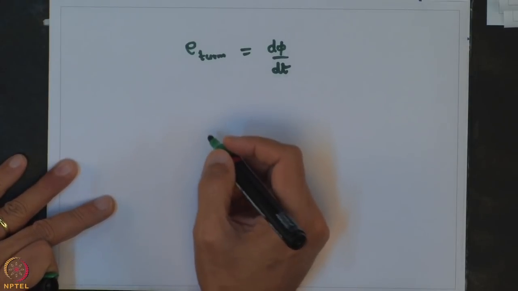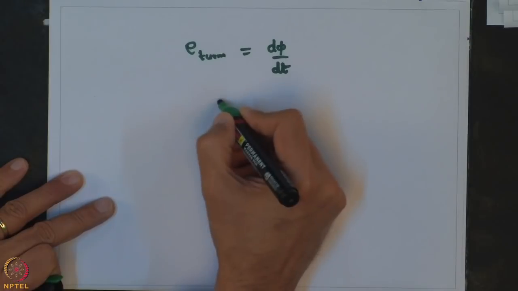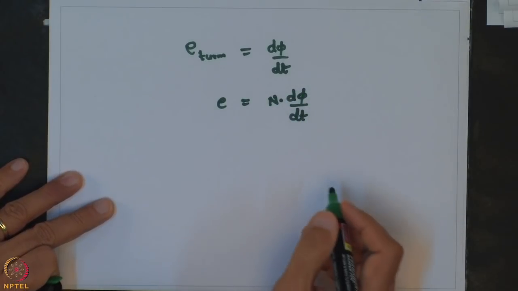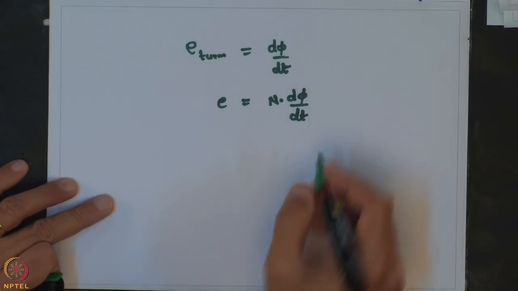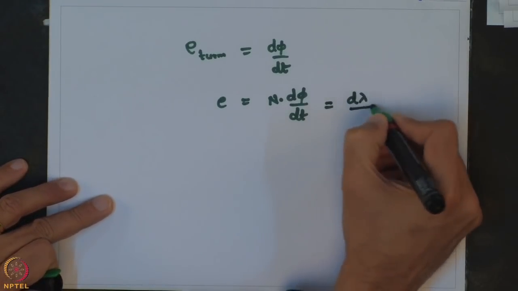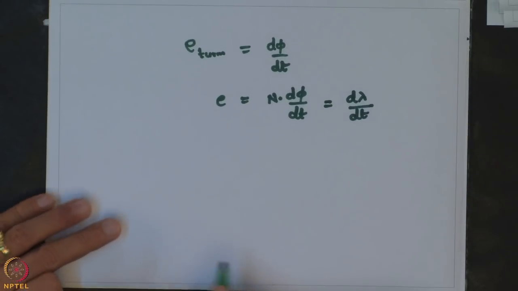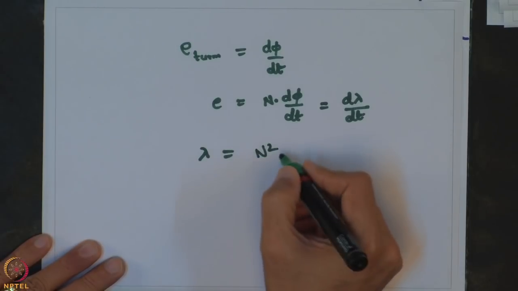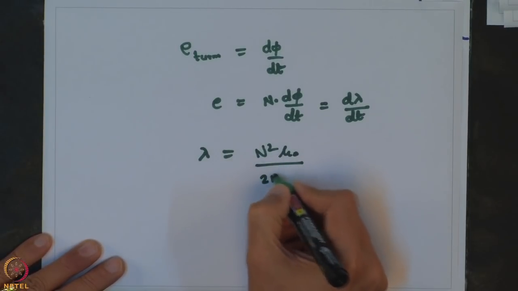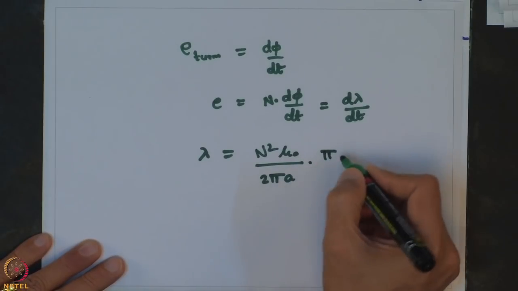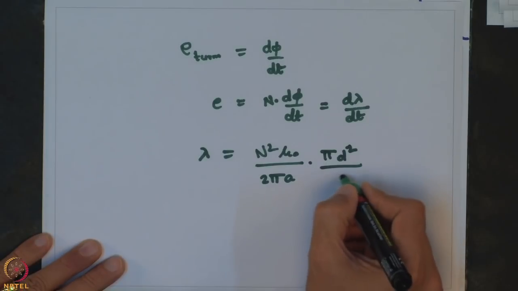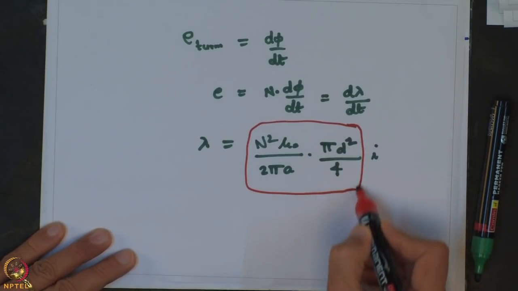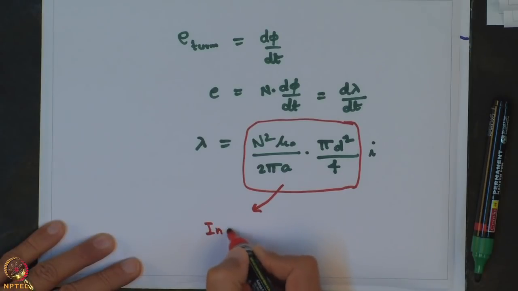Therefore, the total induced EMF considering all the turns is E equal to N d phi by dt, and if N phi is denoted by lambda, which is also called the flux linkage, we can say that E is also equal to d lambda by dt, or we can write that lambda is equal to N square mu naught by 2 pi a into pi d square divided by 4 into I.